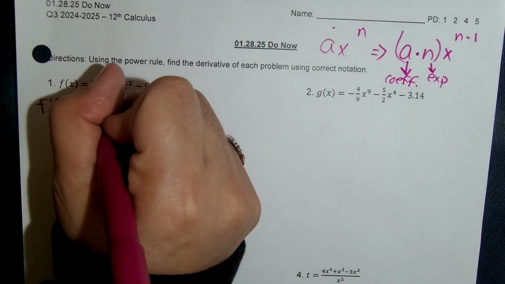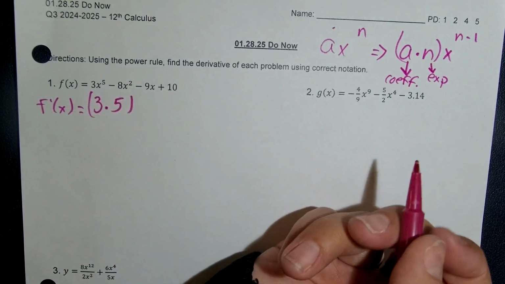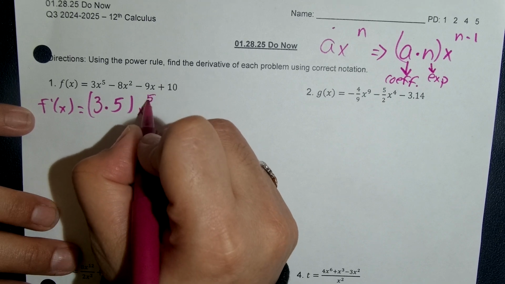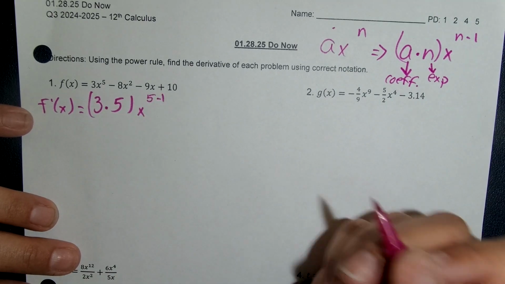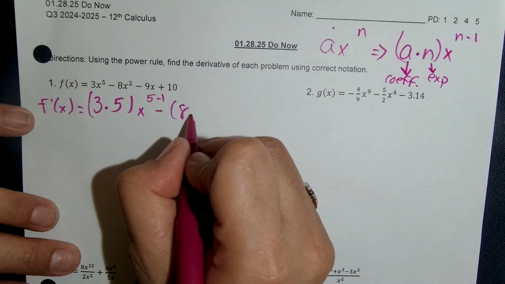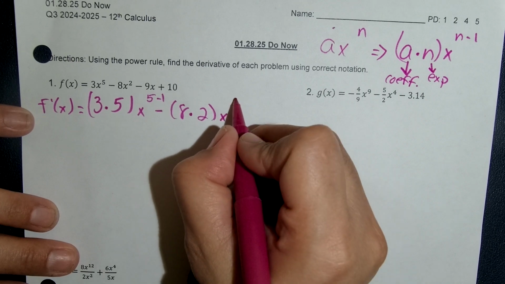Three times 5. Five minus 1. Okay. x to the 2 minus 1.